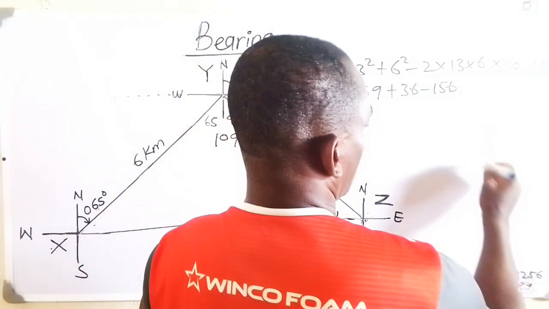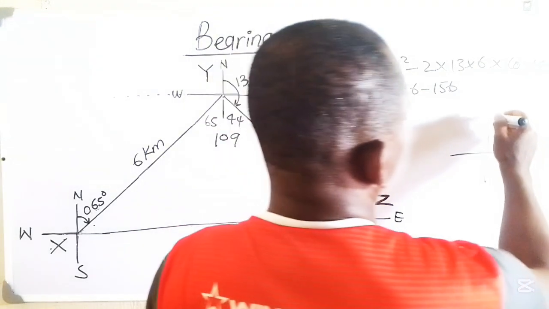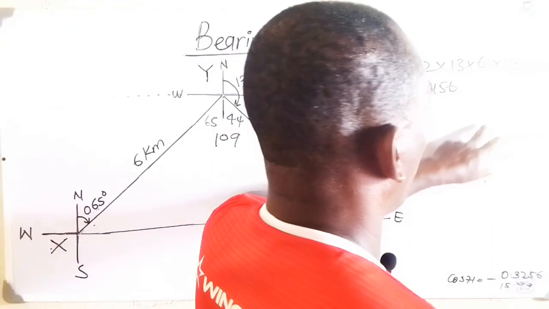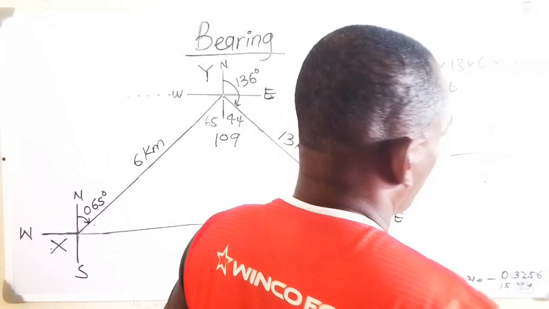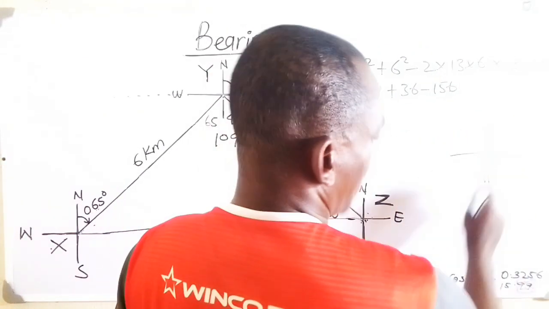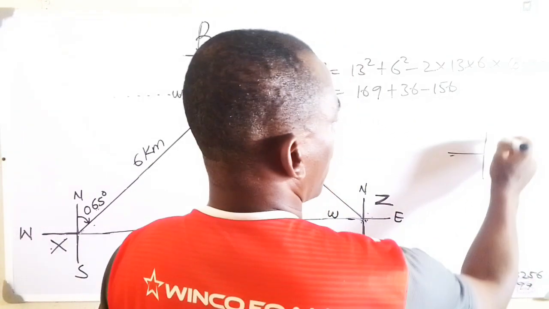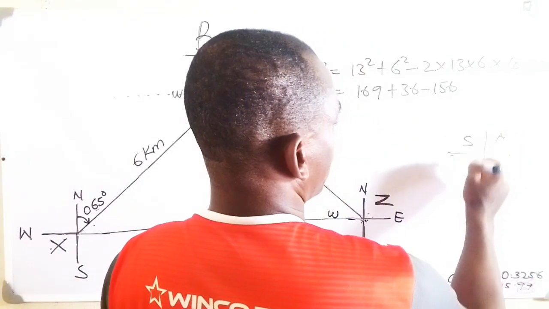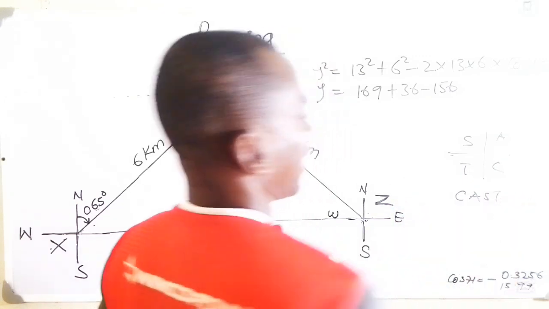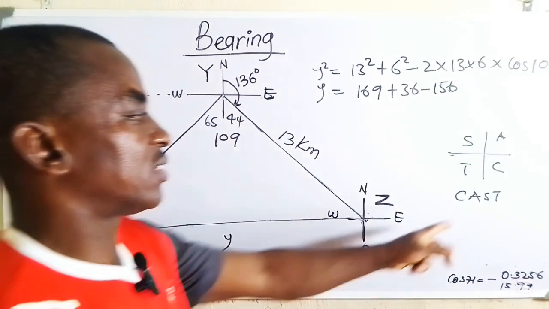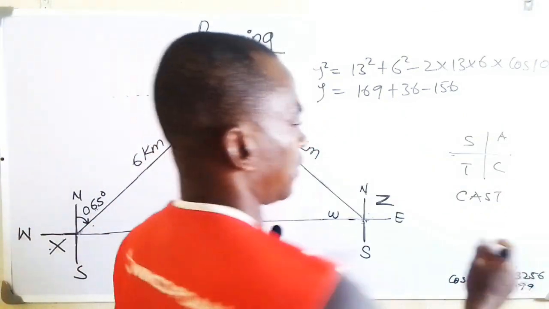I told you now about the four points of a graph we have here. This is the four quadrants. Here we have A, S, T, C, which we call CAST. Now what is this CAST? This A means that all are positive.